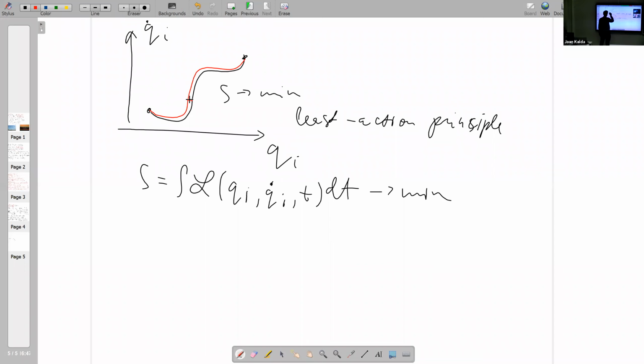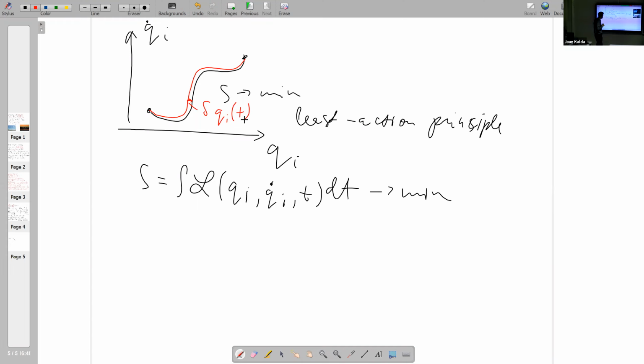So this here is a variation delta of q_i of t, and respectively also the q_i derivative.